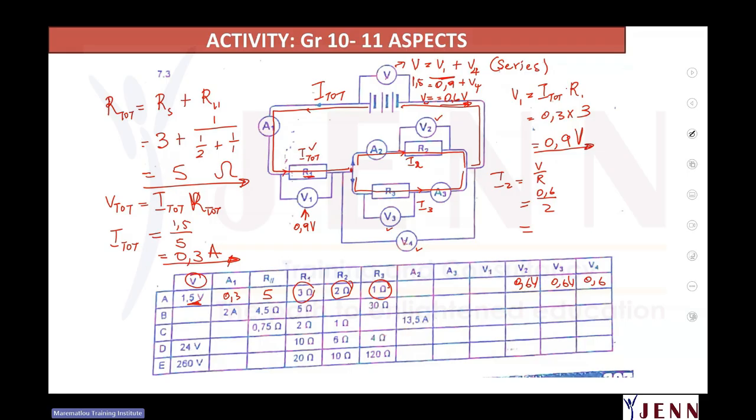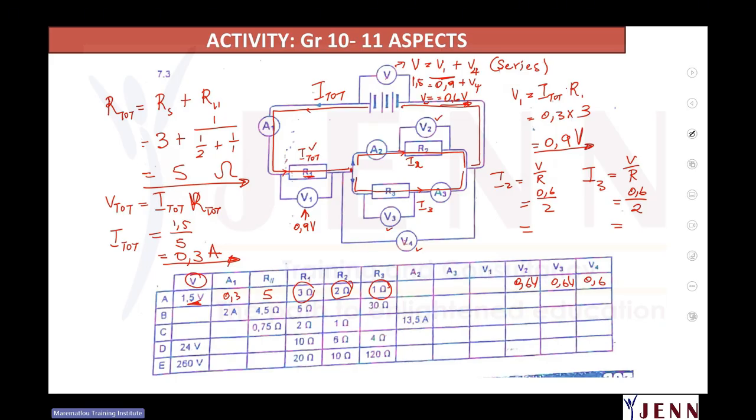And I3 will also be V over R, and that would mean I have 0.6, which is our potential difference, divided by R, which is the resistance there. The resistance is 2. So you can get your answer there. Then that would have answered most of your questions there.